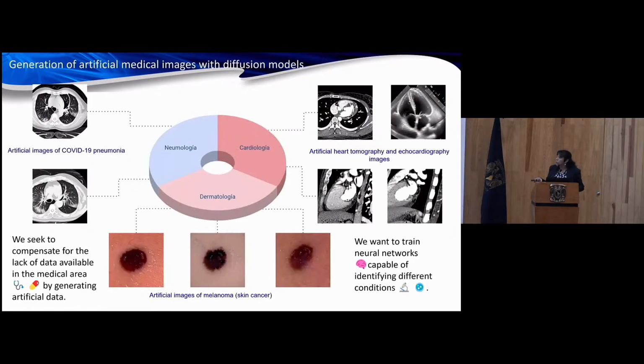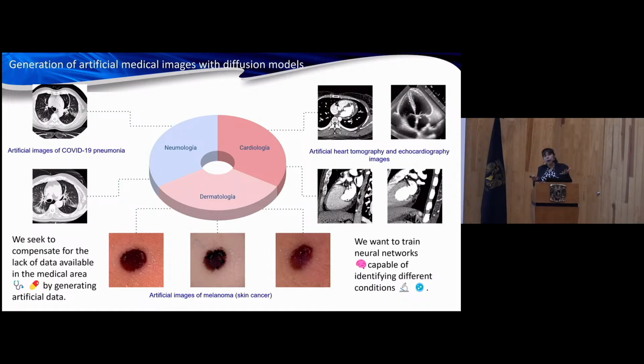And well, also for data augmentation lately there is the generation of medical images with diffusion models. One of the things we have problems with is that we need a large number of images, but most of them also need to be balanced.